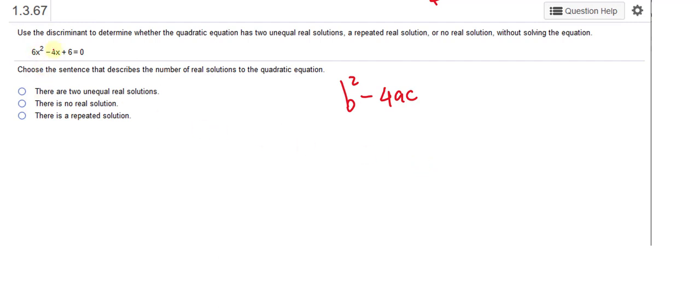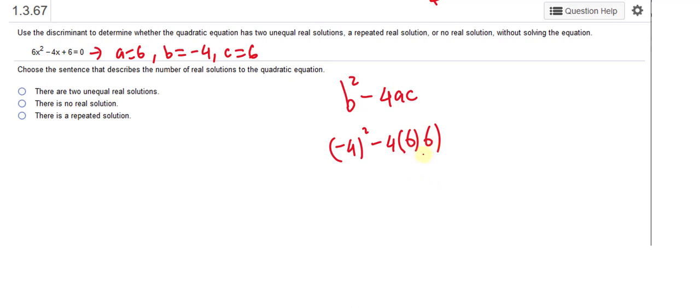Now in this case, we see that a is 6, the coefficient of the squared term, b is the middle coefficient, which is minus 4, and c is 6. So b squared, which is minus 4 squared, minus 4 times a, which is 6, times c, which is also 6. 6 times 6 is 36, 36 times 4 is 144, and minus 4 squared is 16.